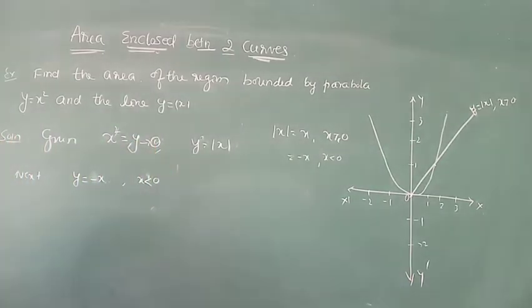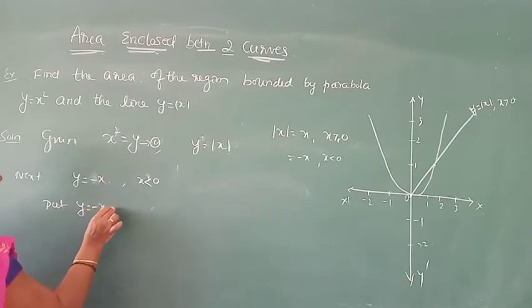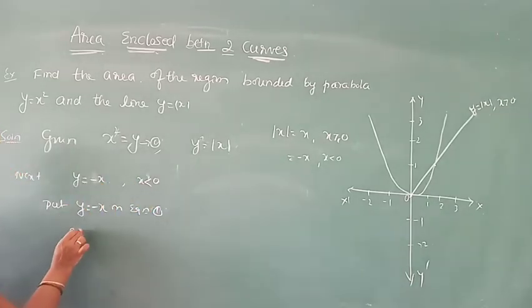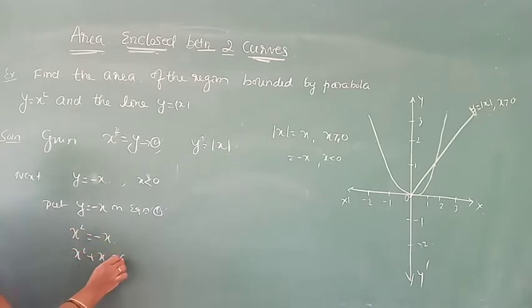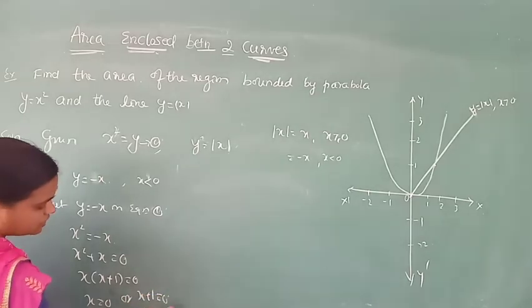In this case, put y = -x in equation 1. We get x² = -x. Means x² + x = 0. Take x common: x(x + 1) = 0. Means either x is 0 or x + 1 is 0. Means x is 0 or x is -1.